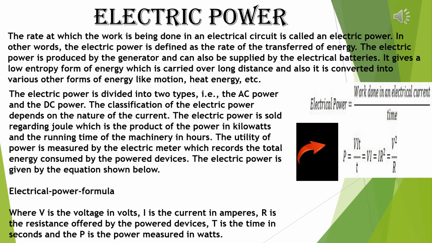That will actually be I square R. I'm telling that this equation will be P is equal to VIT by T is equal to V into I is equal to I square R. So you can say that is equal to V square by R. That means P is equal to V square by R. Okay? But in your book, there is a little mistake.